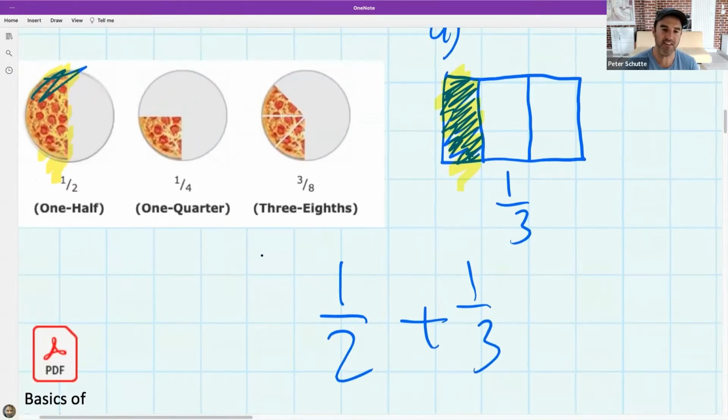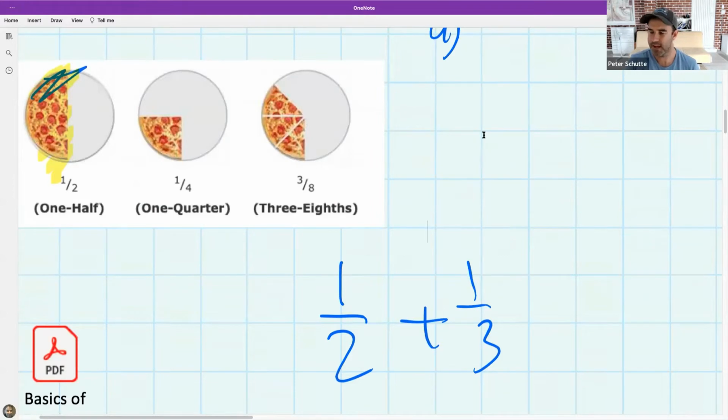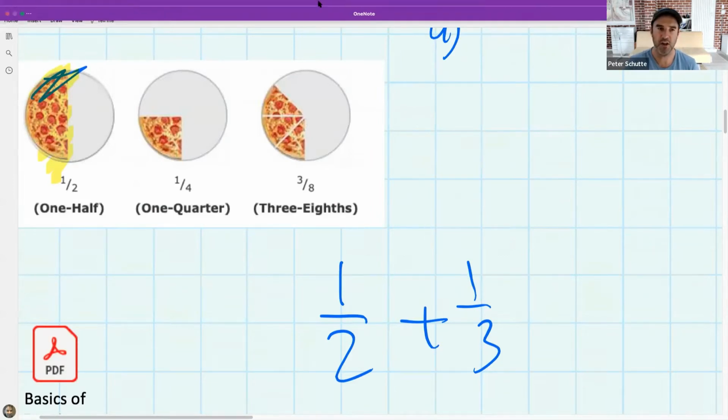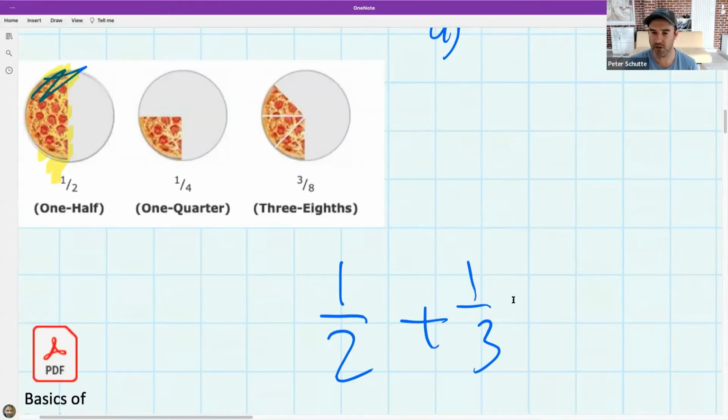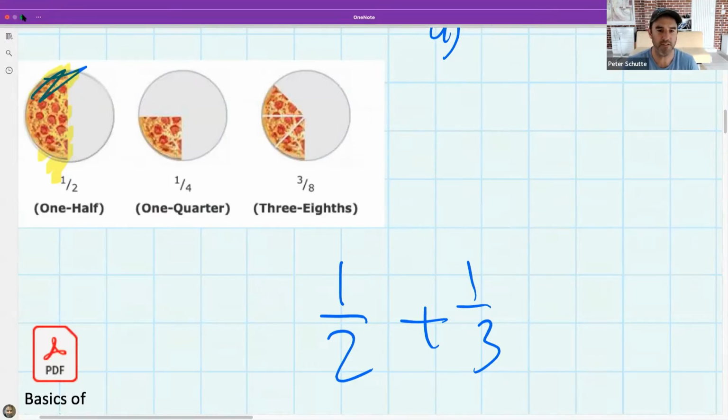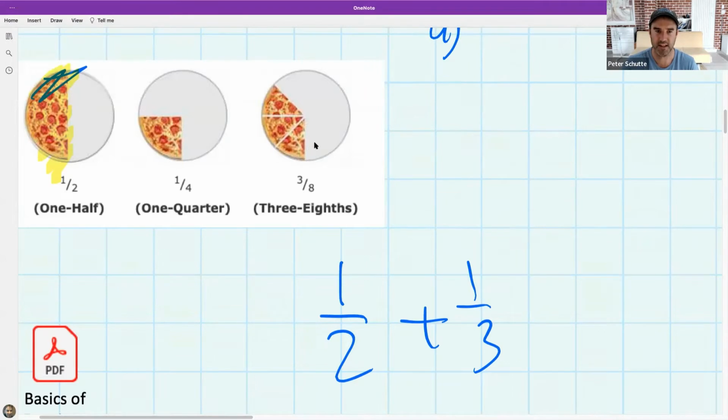Visually, you can easily see the half relates to a picture like this, and the third to a picture like this. But now it's not so simple to know what new fraction you get if you add those two things together. Does anybody know the word or the process we might use to add these two fractions together? How can we make them one fraction in total? I want to see in the chat.